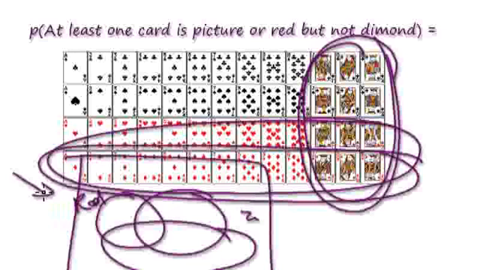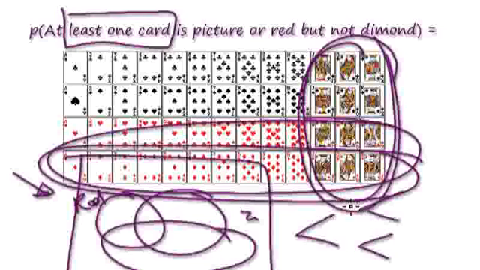And then once you've drawn your Venn diagram, because you're picking out two cards, you have to jump to the tree diagram to get a rough idea of what's going on. And remember, we need at least one card. Well, if this is good, bad, good, bad, well, good, good would be a good outcome.